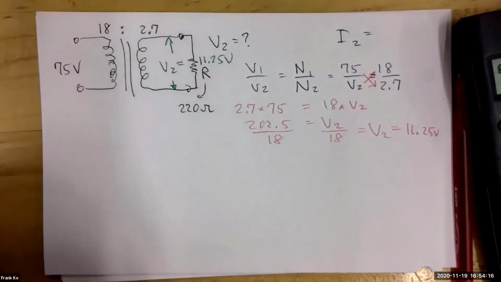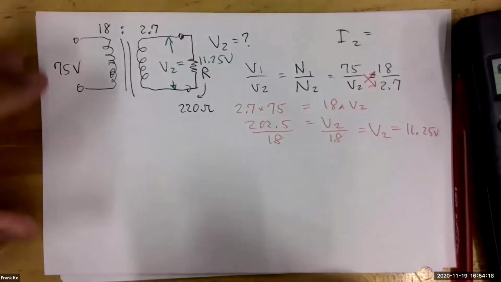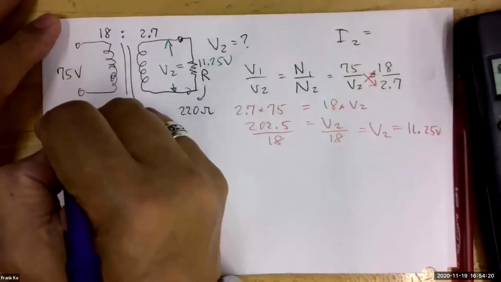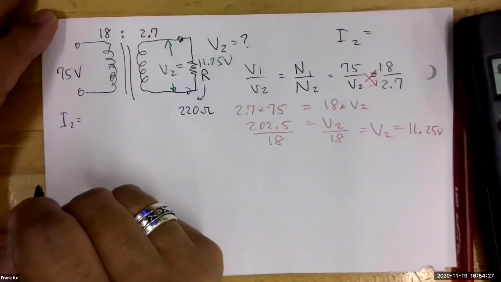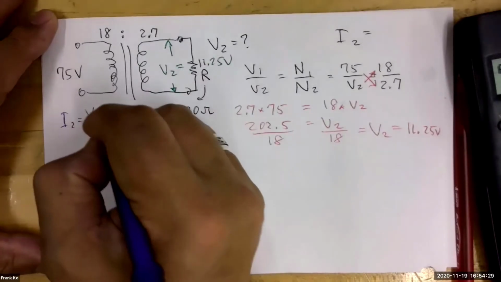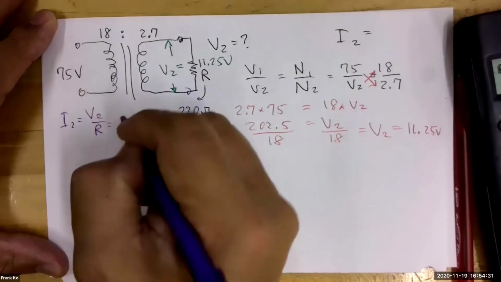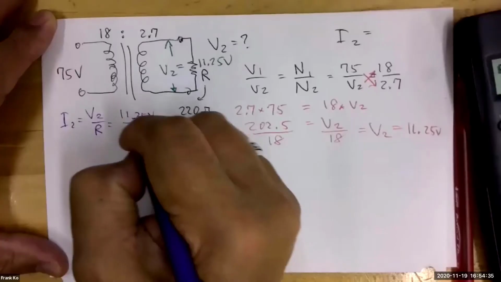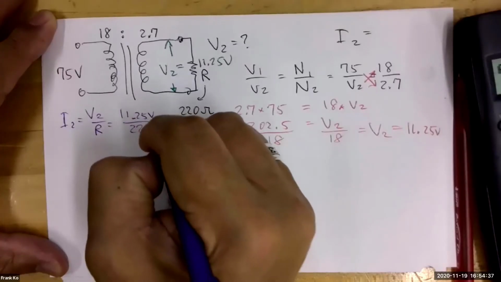And so the current, Weiji, how would we go about calculating current? We use the voltage divided by resistor. Okay, which voltage? We use V2 over R, yeah? So 11.25 V over 220 ohms.